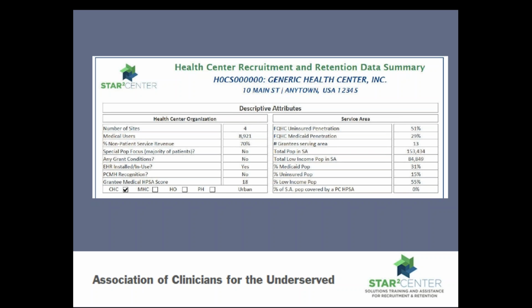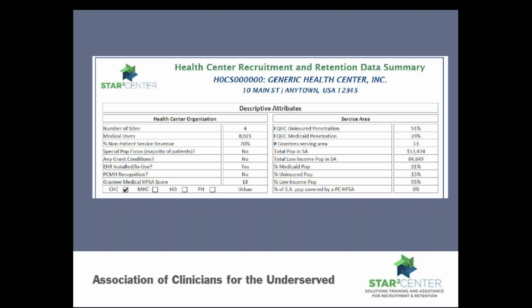It really shouldn't affect the big things, but the descriptive attributes here at the top are really to say, hey, we took this data profile snapshot of your health center, and this is what your health center organization and your service area looked like at the time that we took that picture. It puts you back in the time and the place when your health center and your service area looked like this. This is what all your numbers were doing.